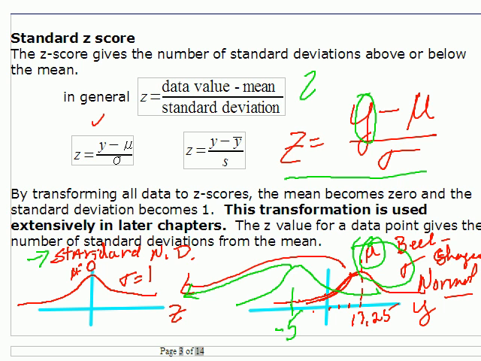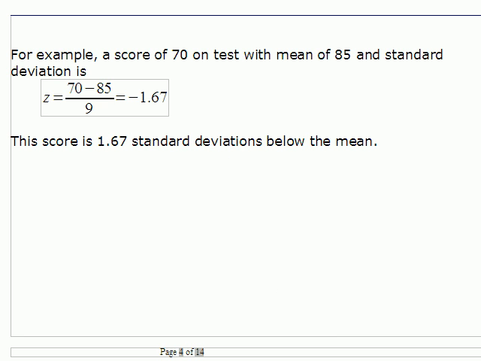Well, then Z is mu minus mu over sigma, which is 0 over sigma, so it's 0. That doesn't prove anything about the rest of the points, but it does show you that whatever the mean is, it gets transformed into a mean of 0. So what does the Z-score show in general? I just showed that the mean would go to a Z-value of 0.